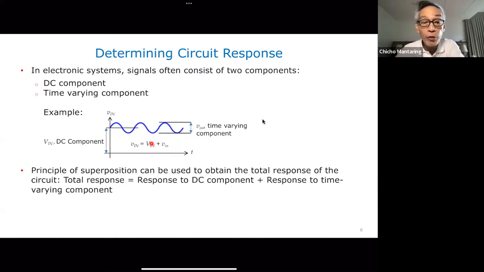You get this source acting alone, this source acting alone, you add the individual responses and you get the total response. The total response is the response to the DC component plus the response to the time varying component. I hope you still remember the principle of superposition.